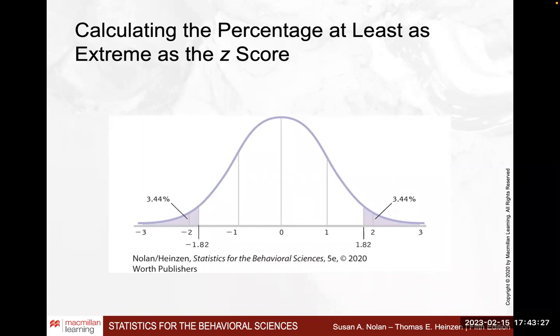Given that it's symmetric, I can just flip it and I have the mirror image for those that are taller than this extreme value of a z-score of 1.82. 3.44 multiplied by 2 is 6.88. And that is the probability of finding individuals that are as much of an outlier as Manuel, and those that are smaller than Manuel. And that is the concept which will lead to hypothesis testing.